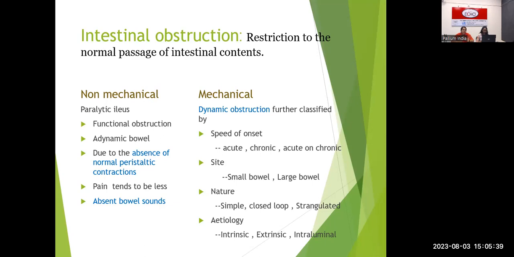So you just have to understand there are 2 types of classification, non-mechanical and mechanical. Non-mechanical can be due to paralytic ileus, and mechanical depends on the site, onset, presentation, nature, and cause leading to intestinal obstruction.